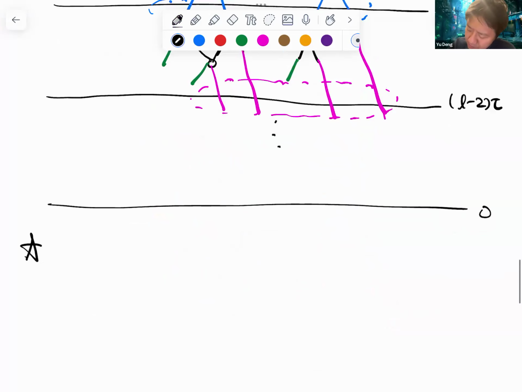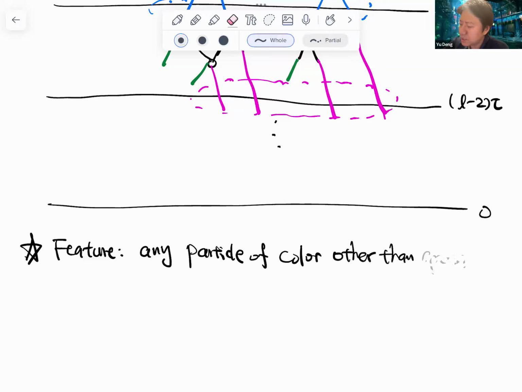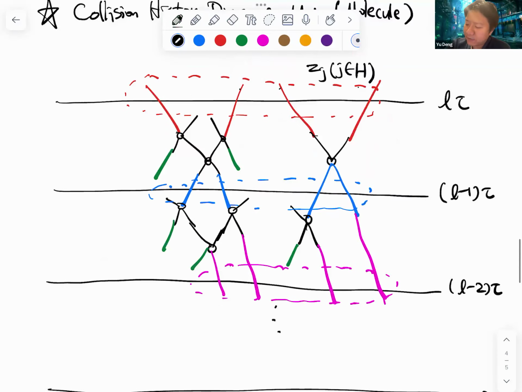So feature: any particle of color other than green here. Of course, green is a special color, it means that you are factorized at this level, and you are not going to occur in the previous cumulant expansion.